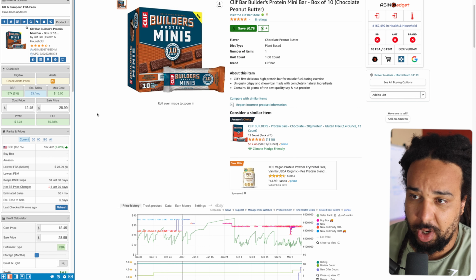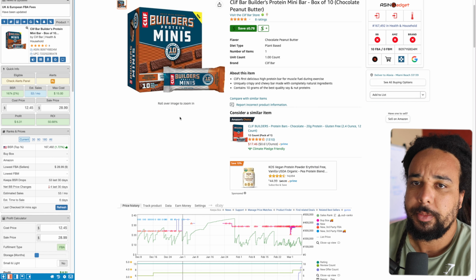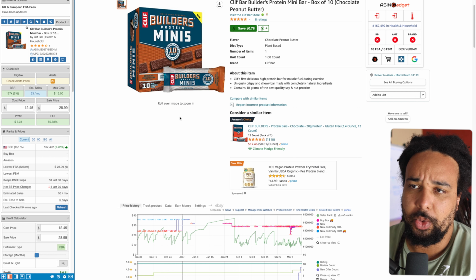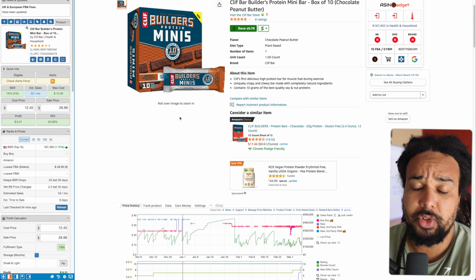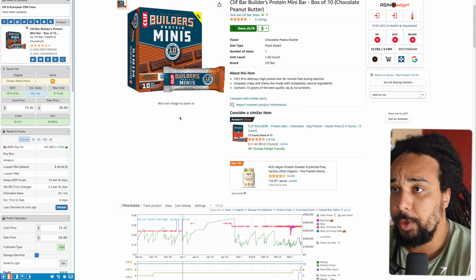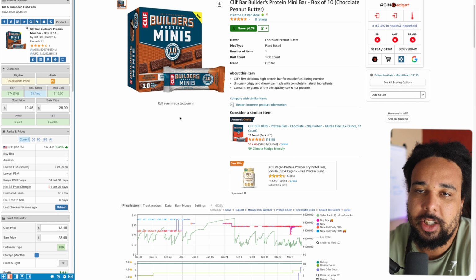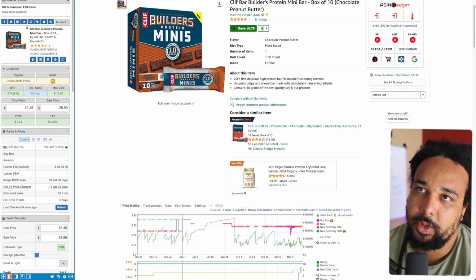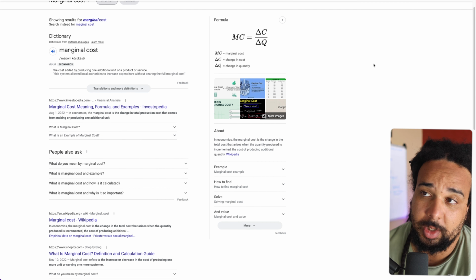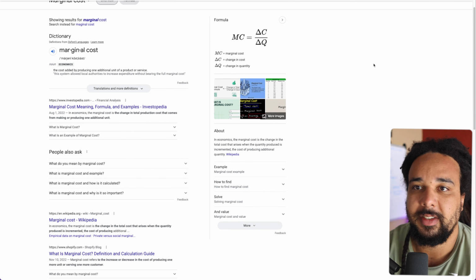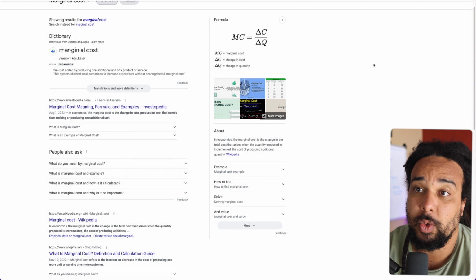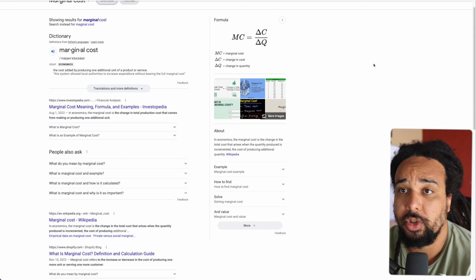And this is the whole problem, right? So this listing is a slow seller, and I want to introduce a new concept that no one talks about, and let me just explain. So in economics, there's a concept that is called marginal cost, right? If you don't know what marginal cost is, this is it. It's basically the cost added by producing one additional unit of a product or service, right?